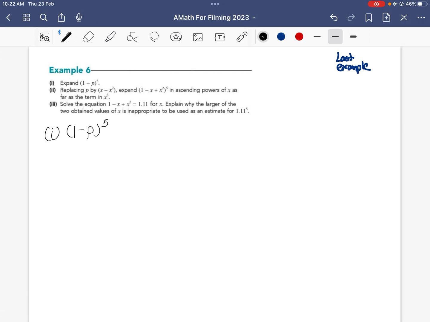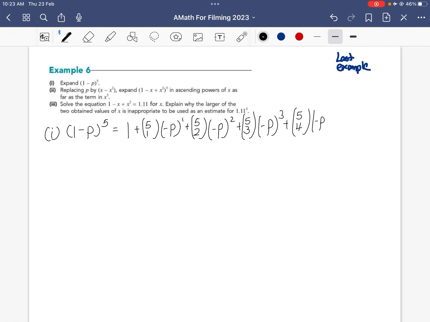For example, if I were to expand (1 minus p) to the power of 5, I'll start with 1 plus 5 choose 1 negative p to the power of 1 plus 5 choose 2 negative p squared plus 5 choose 3 negative p cubed plus 5 choose 4 negative p to the power of 4 plus 5 choose 5 negative p to the power of 5. No more. Okay, once you reach 5 choose 5, you will stop.